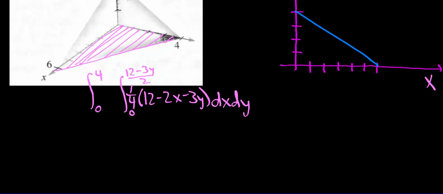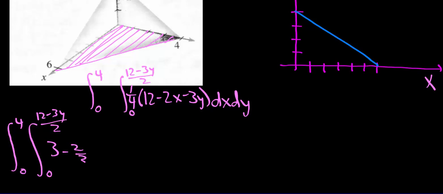Okay, now we've got to figure out how to deal with this. So let me work through this. We've got 12 minus 3y over 2. And down here, I've got 3 minus 1/2 x minus 3/4 y.